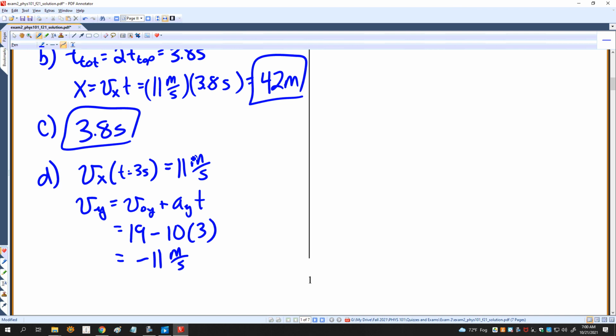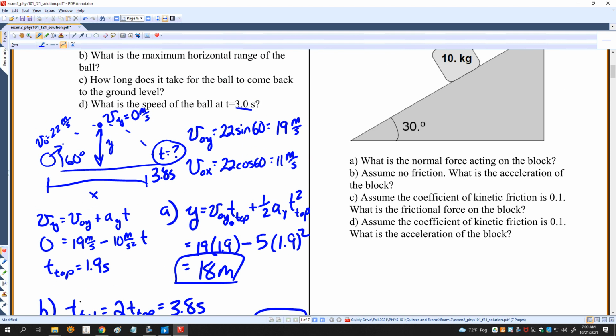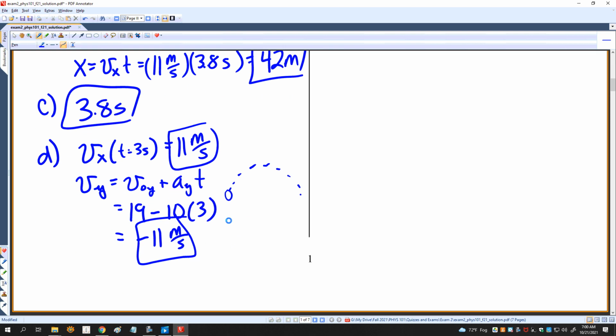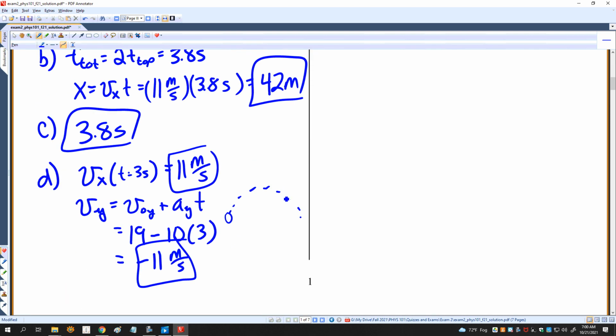So now I have the x and the y components. So as my projectile follows this path, my t equal 3 seconds is somewhere right about here. I know that it's passed up the 1.9 second mark, so I can draw my vectors like this. Turns out they have the same magnitude, and I want to know what is this equal to.